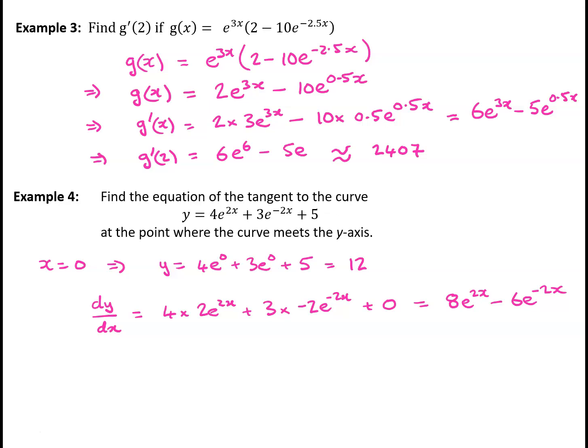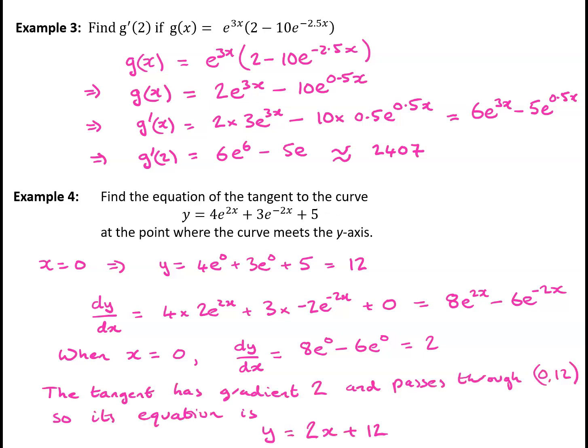When x equals 0, we've got dy by dx is 8e to the 0, take away 6e to the 0, so dy by dx is 2. So the tangent is a line of gradient 2 which passes through the point 0, 12, so the equation of the tangent must be y equals 2x plus 12.